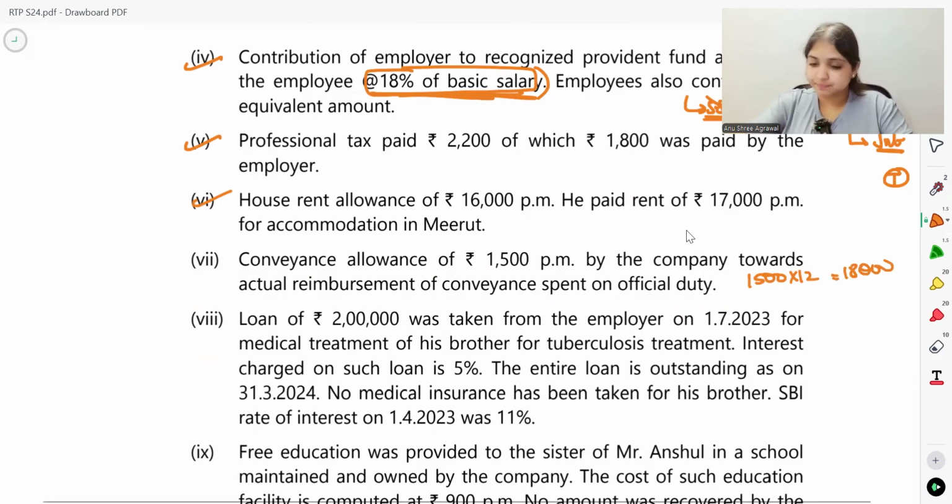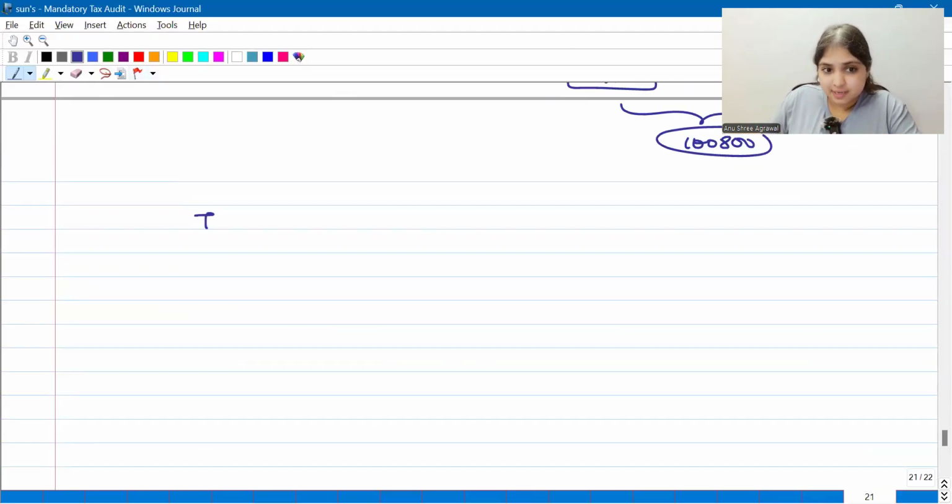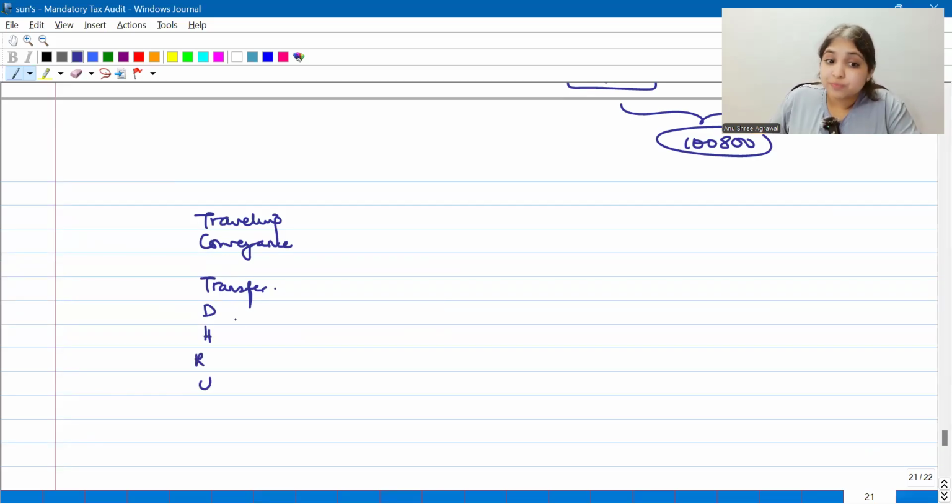Now listen to me, everybody. See, if it is traveling allowance, connected to traveling is conveyance allowance. Another T, which is the transfer allowance. Then D, for daily allowance. H for helper allowance, also called servant allowance, also called personal assistant allowance.